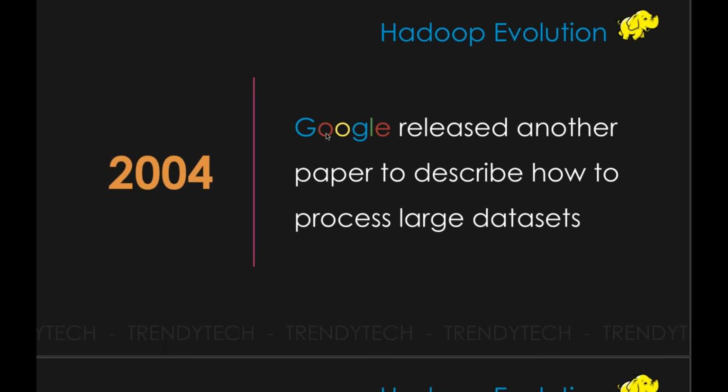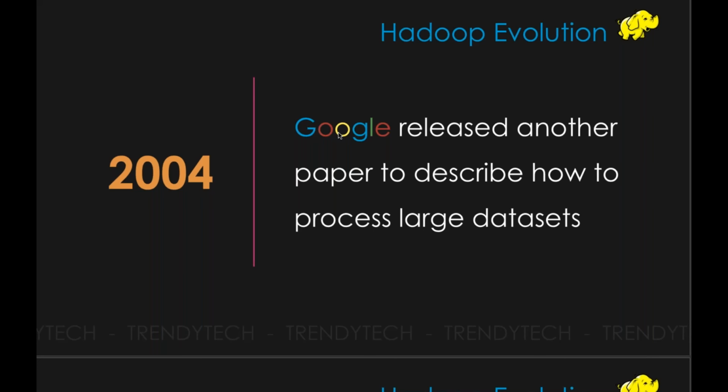And this time they gave a paper on distributed processing. Whatever C, Java or Python program you used to write would take the data from one machine and solve the problem. But now things are no longer the same. The data is not sitting on one machine anymore, it is sitting on multiple machines.